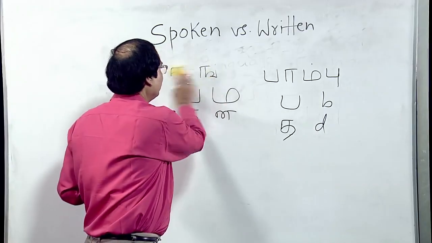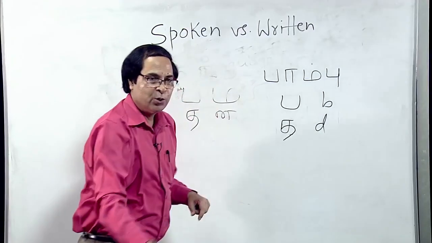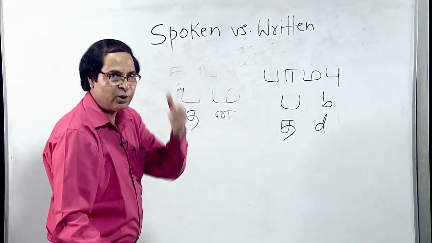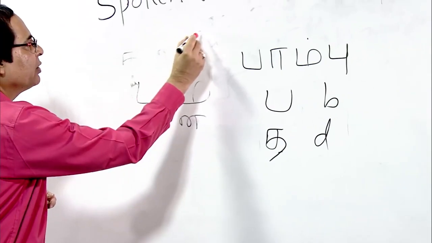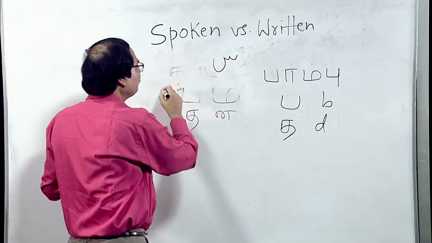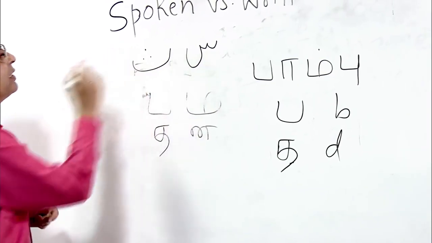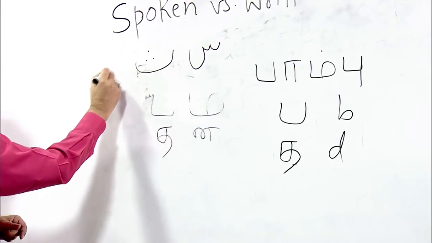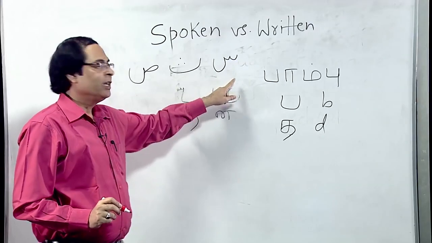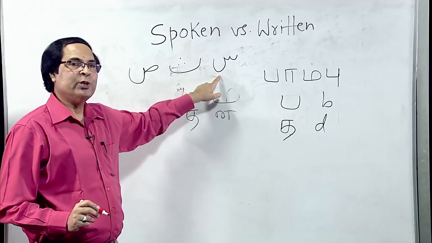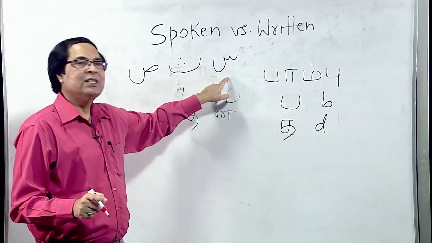Urdu is another good example. They borrowed words from Arabic and Persian, so they borrowed the script also, the orthographic system. Arabic had different sounds like sir. Perso-Arabic script also has sir, and another sir. Now, in many words in Urdu, you will find that these three letters are used, but the Urdu speakers will pronounce all three sounds as sir.